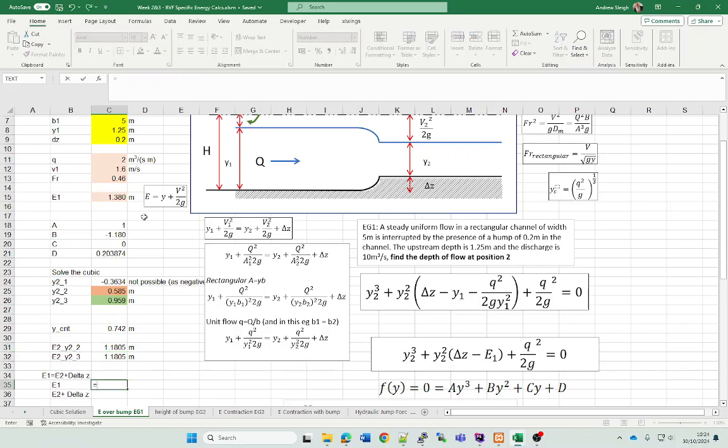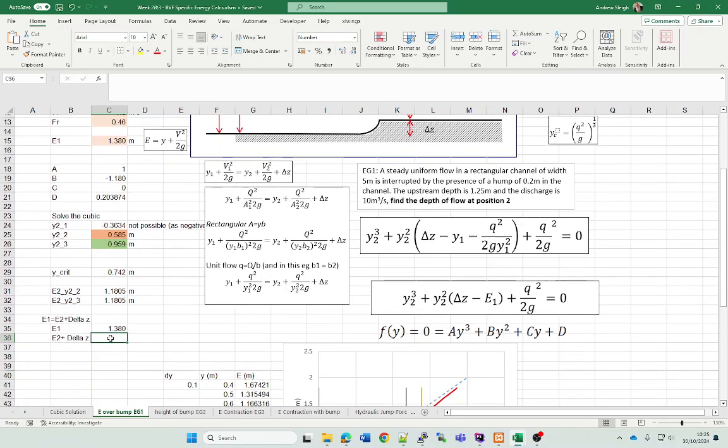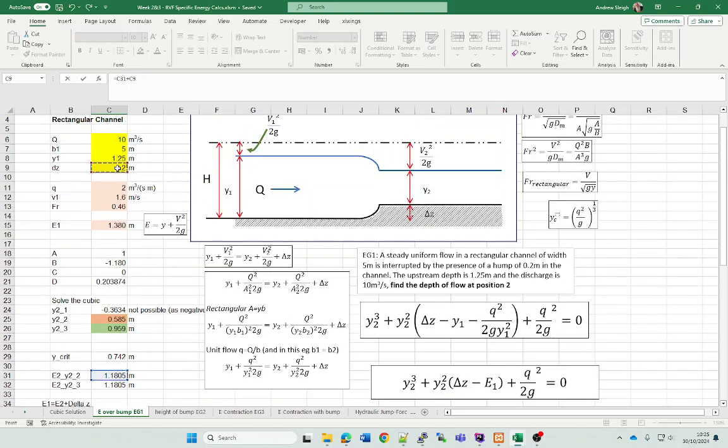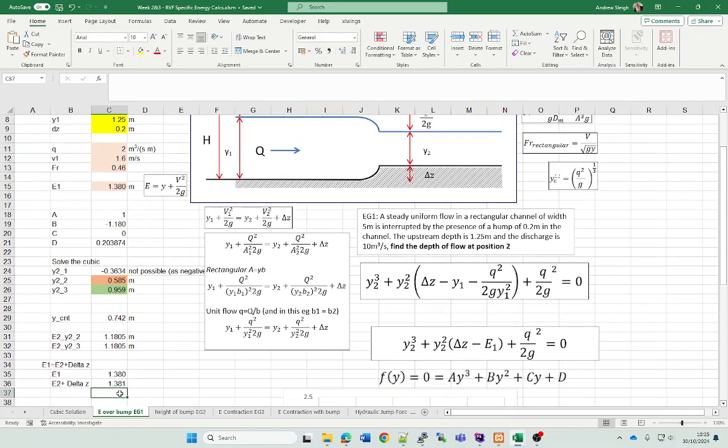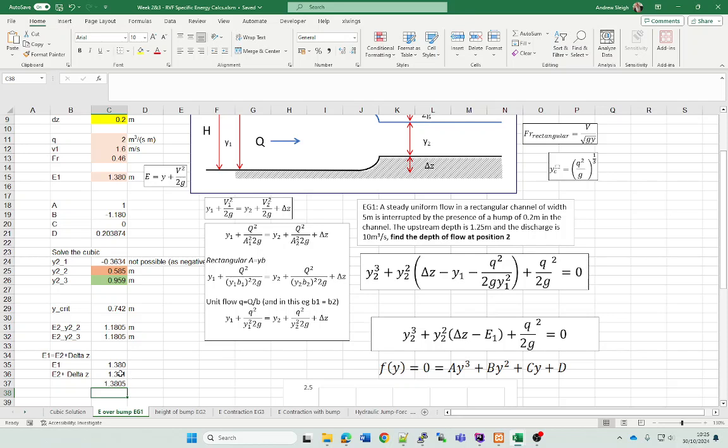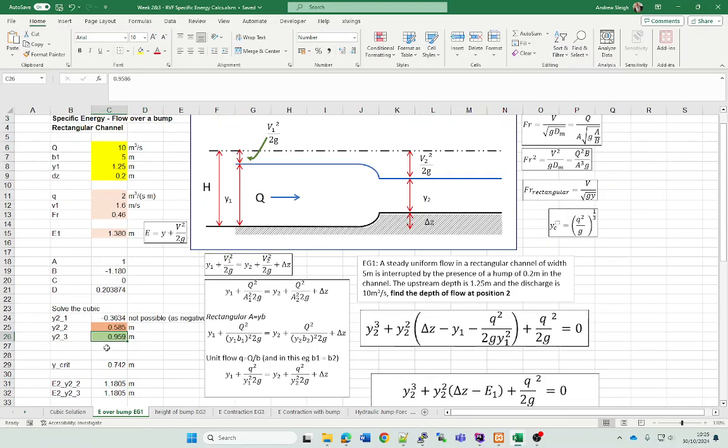So E1 is, let's put that in there, E2 plus delta z would be that one plus the delta z, that's correct, or that one plus delta z, it's the same. Okay, I'll just increase the precision there and we see that they're the same. Meters, units. Okay, simple calculation, but the objective was to calculate y2.